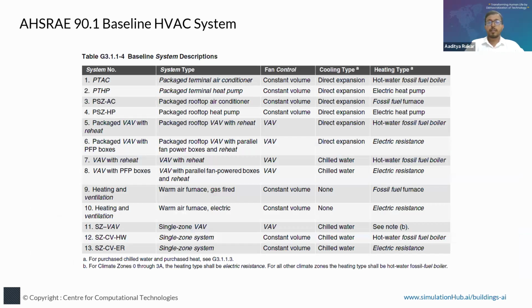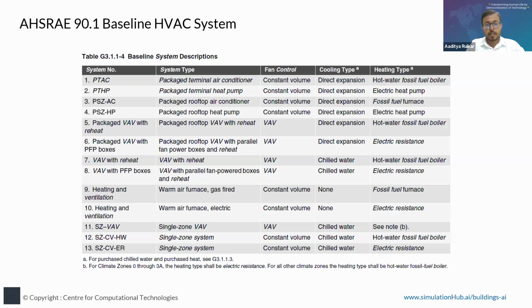So as we have gone through all the air side systems we currently have available in buildings here, we basically cover most of the HVAC systems which are required for the ASHRAE 90.1 baseline HVAC system. So you can upload your building model.